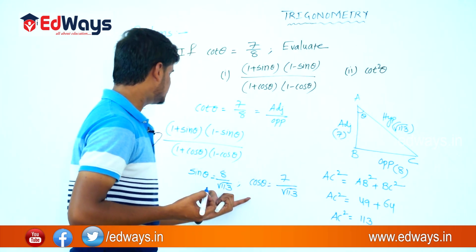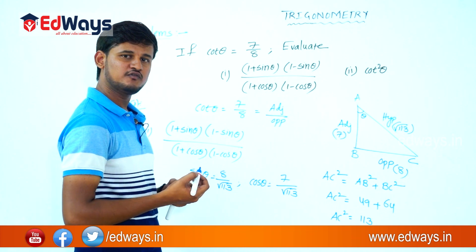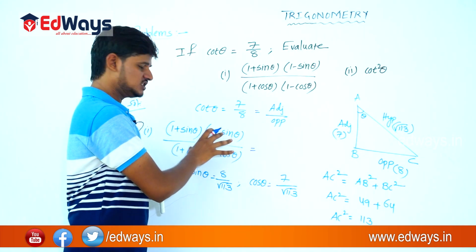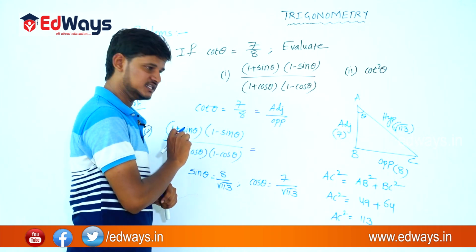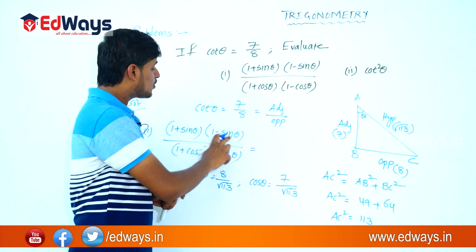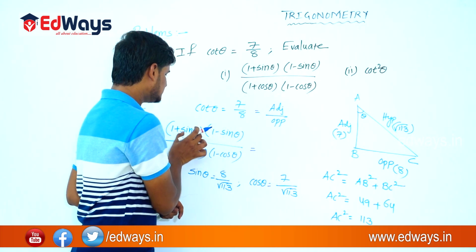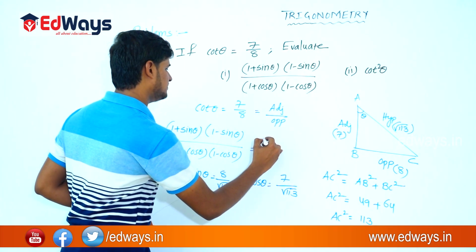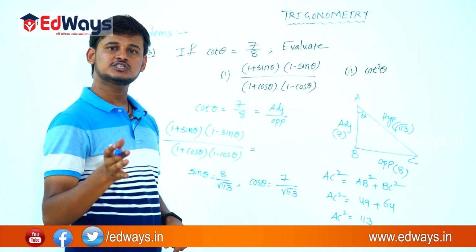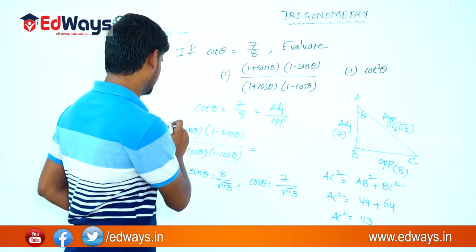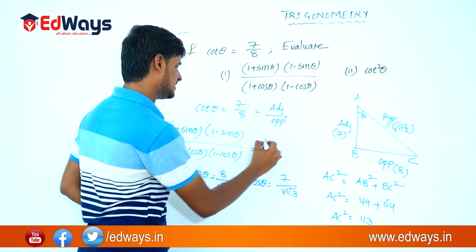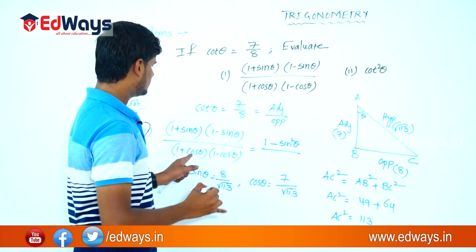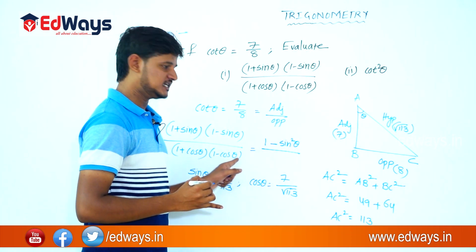Okay, so now I should substitute these two values here. But before substituting, let me simplify this because it is too long. (1 plus sin theta)(1 minus sin theta) is in the form of (a plus b)(a minus b), which is equal to a square minus b square. So 1 square is 1, minus sin square theta, by (1 plus cos theta)(1 minus cos theta).